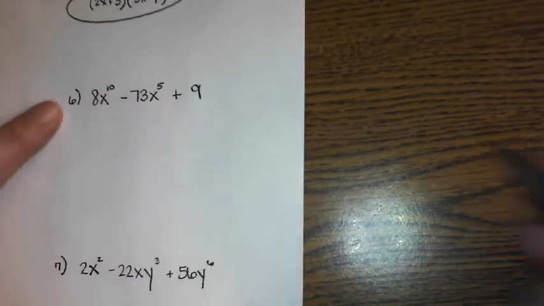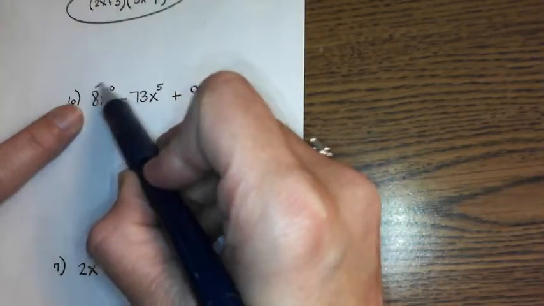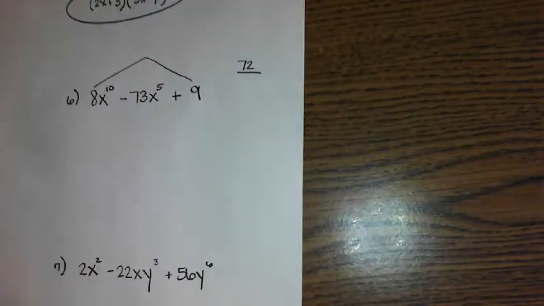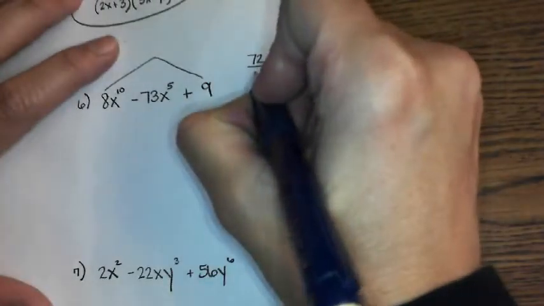So let me remind you, you're looking for two numbers that multiply to get, what's 8 times 9? Oh, same old thing. So what two numbers multiply to get 72 that combine to get 73? Right, 1 and 72.